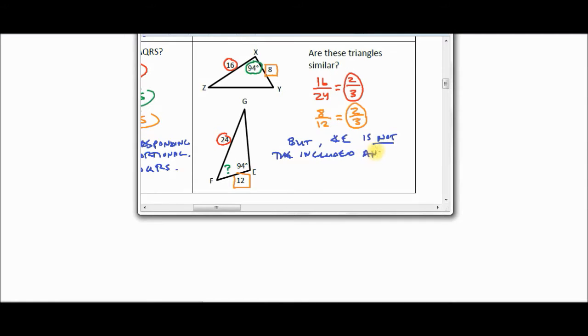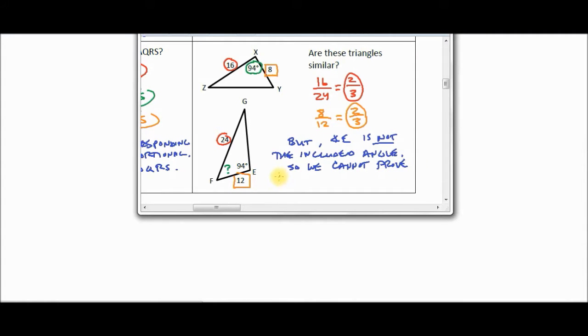Angle E is not the included angle. So now, class, we can't say they aren't similar, we just can't say they are. So if angle E is not the included angle, so we cannot prove they are similar.